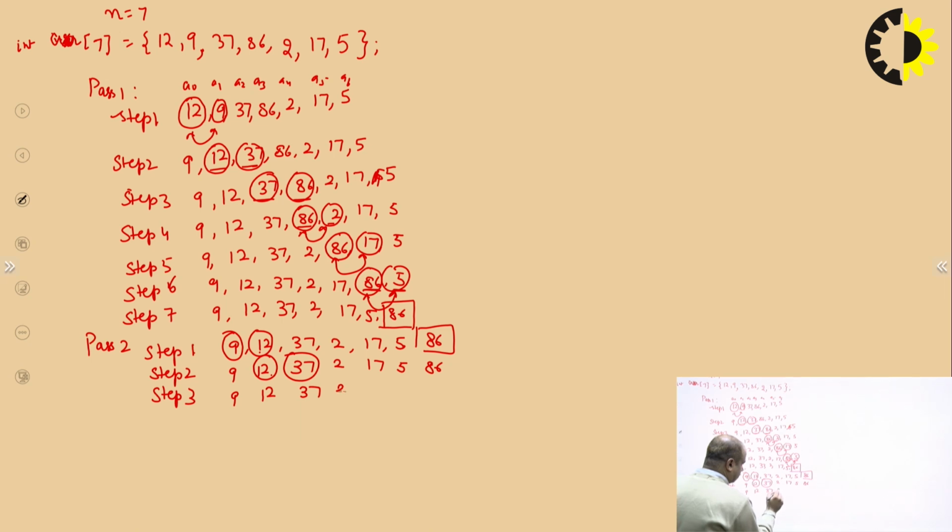In this step we compare 2 with 37. This element is smaller than this one, so these two will be swapped. After the change, my new array will be 9, 12, 2, 37, 17, 5 and 86.